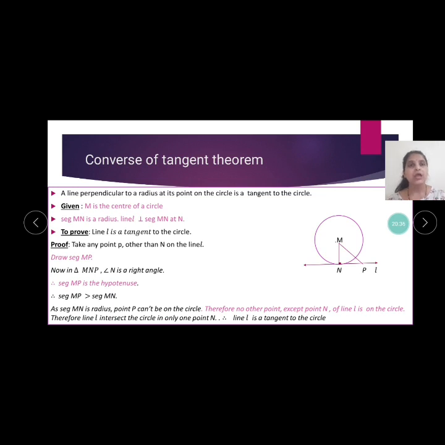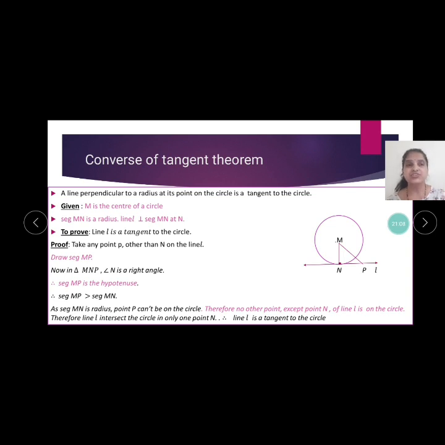The statement of this theorem is: a line perpendicular to the radius at its point of contact to the circle is known as tangent to the circle. Proof: take any point P on line L and join MP.